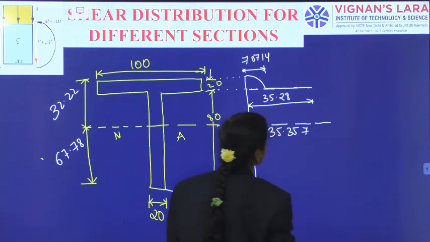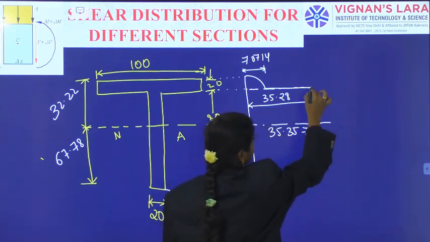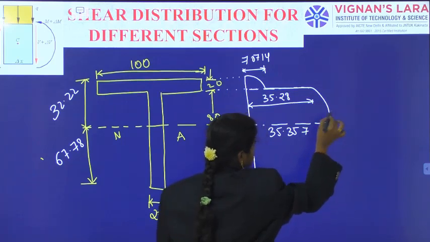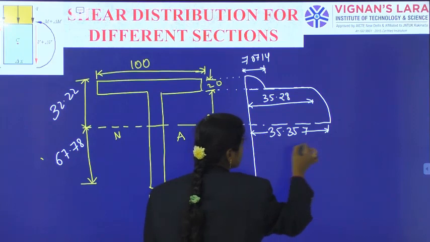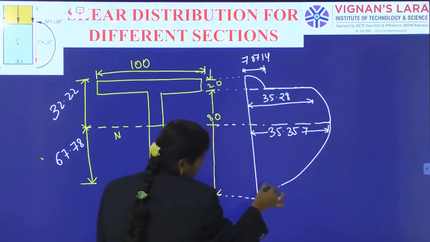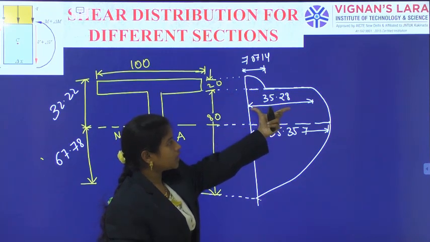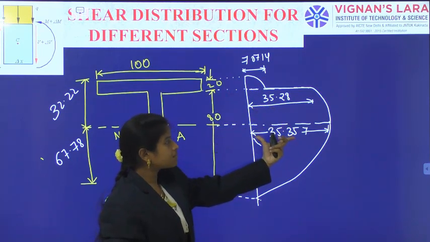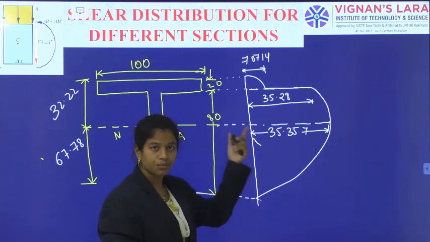Maybe it's some mistake, we have got that. Connecting this portion to 0, and here we have got this value, and like this, connecting this to the 0. So 0 to the value we observed at the top, some maximum value at the neutral axis level, and 0 at the bottom of the web.